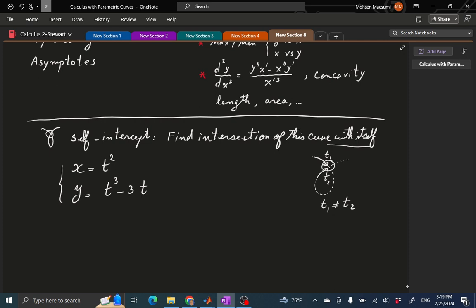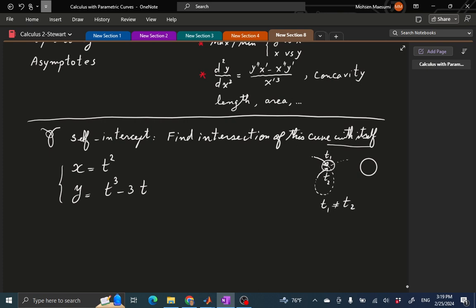It could happen that the issue would be more complicated. You could go on a curve and continue traveling on the same path that you had before. But let's put that issue aside and just concentrate on the issue of intersection at one point. So T1 and T2 are two different times at which we have the same coordinates.